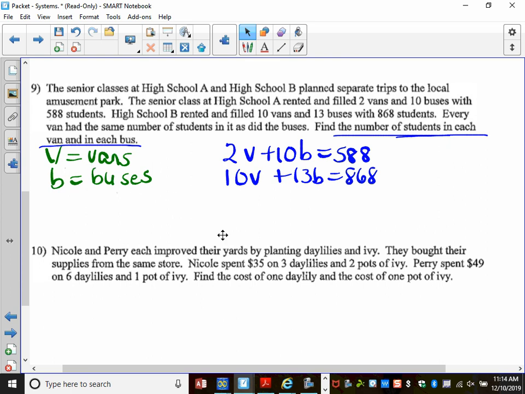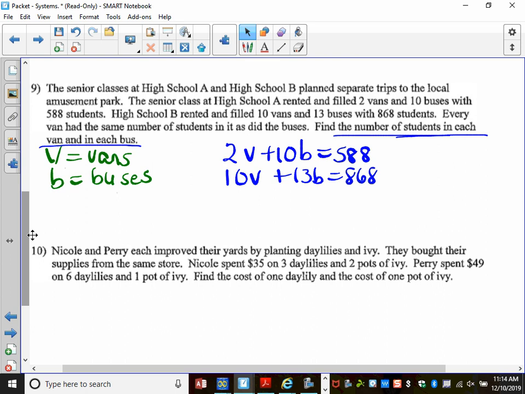That's not the question. The numbers are not vans and buses. The numbers you get, it says find the number of students in each van and each bus. Okay, so when you get 56, it doesn't mean 56 vans. It means there are 56 students or 56, whatever on the bus. So please pay attention to the question so you're answering it correctly.